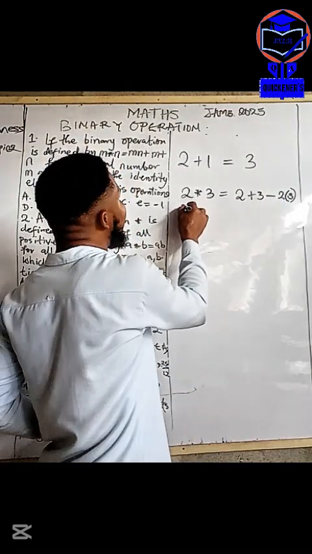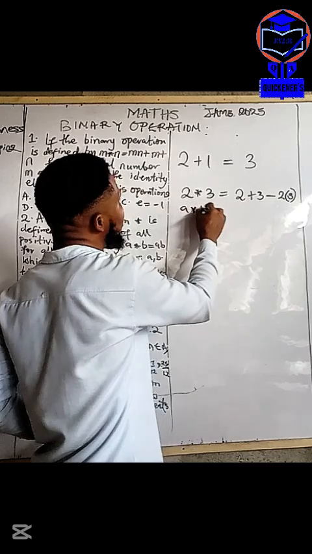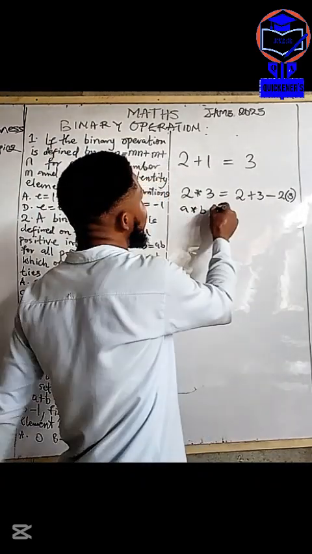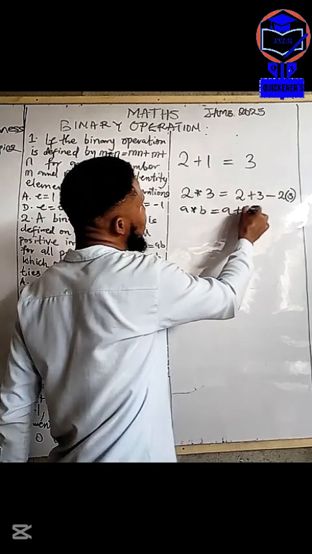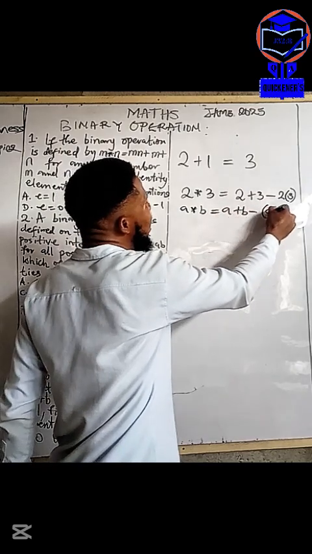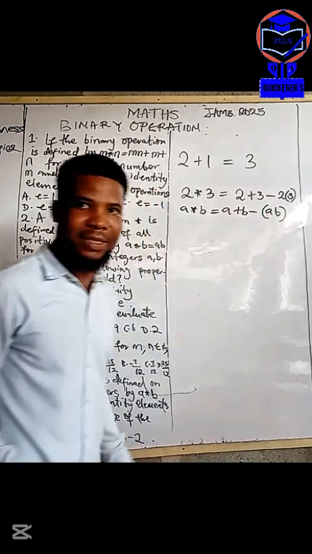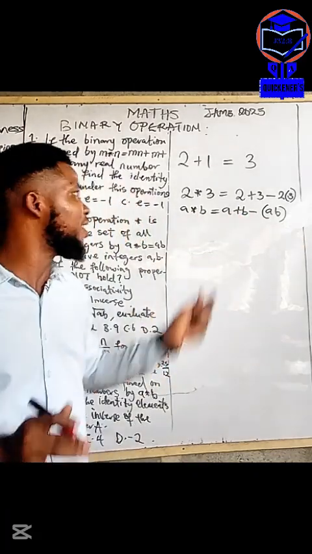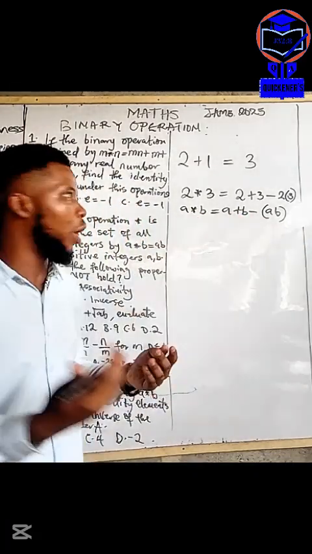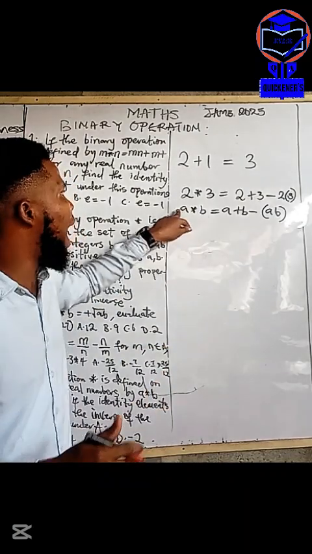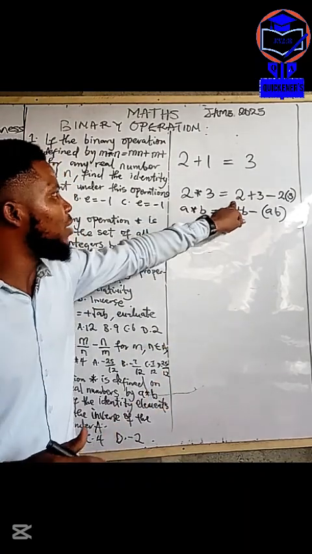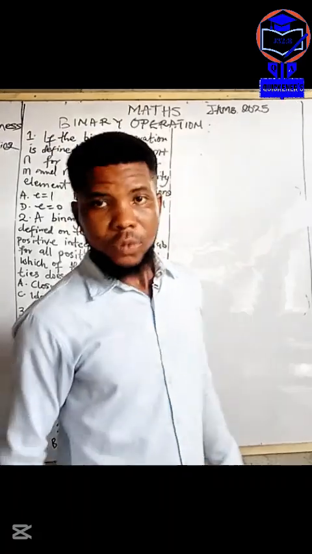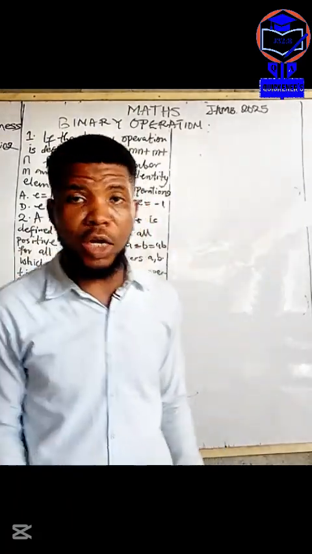So, we can simply say A operation B, this operation is called asterisk. A operation B is simply A plus B minus A times B. Do you understand? So, this whole operation represents everything we are doing here. This is asterisk, and so on and so forth. When you have A, that's your 2, and you can see your 2 and 2 times 2. You understand that, right?